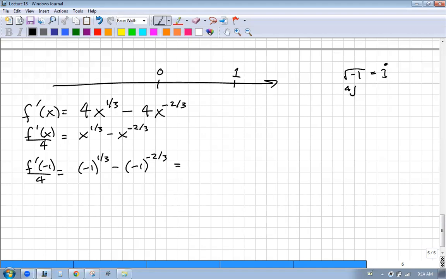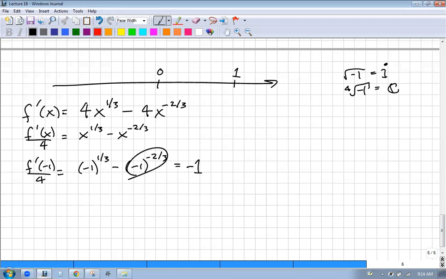If I took the 4th root of -1, this is minus i. Anyhow, it's a complex number. But the odd roots are just fine. This is just -1. Why? Because -1 times -1 times -1 is -1. That's straight up the definition of a cube root.